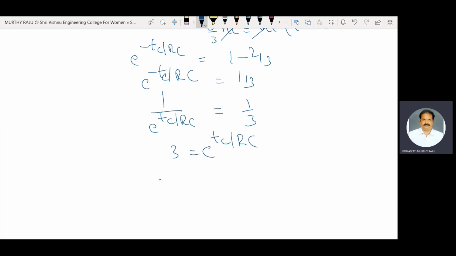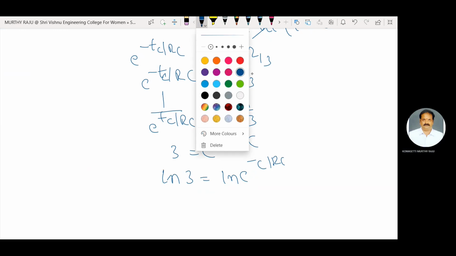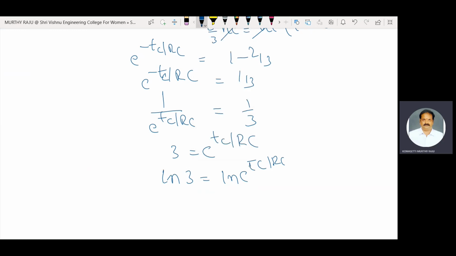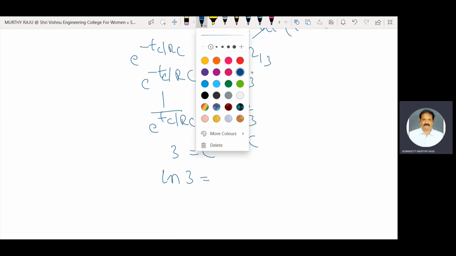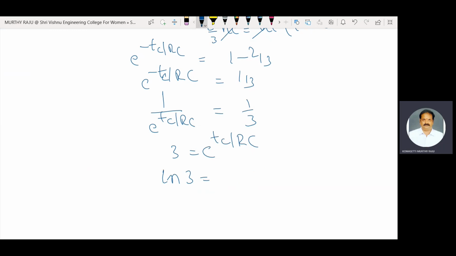Calculate TC from this expression. Apply logarithm: ln 3 is equal to ln e power TC by RC.